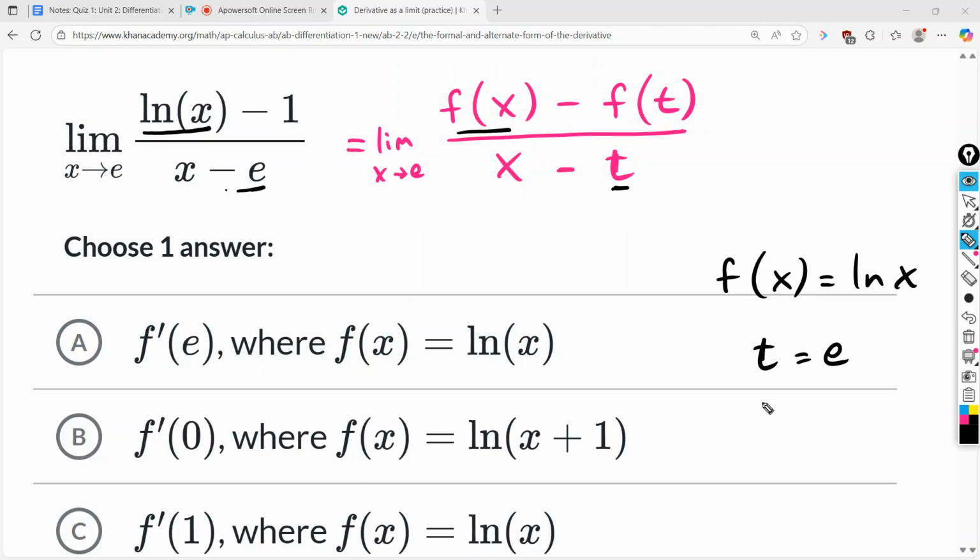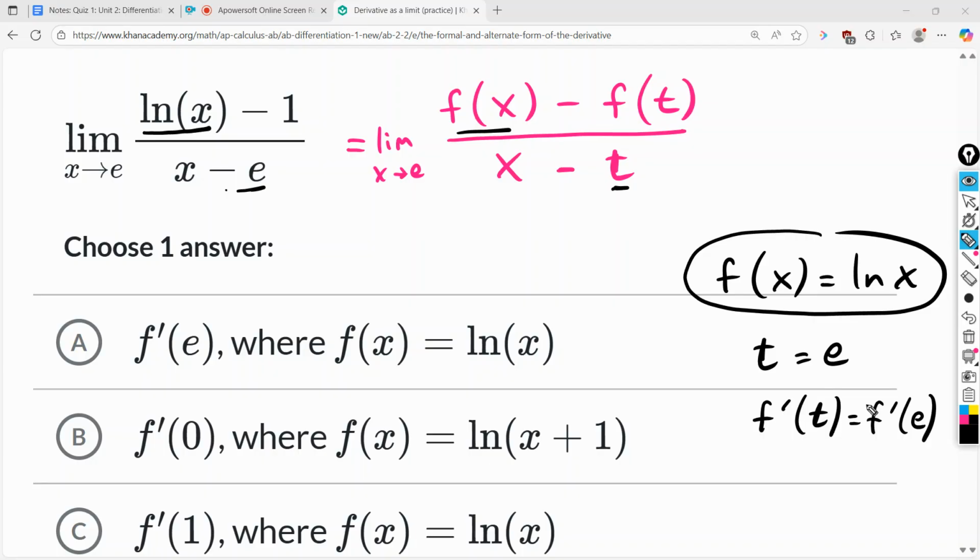All right, so it's basically f prime of t, the number we're plugging in. This is a number. Remember, e is a number, is basically f prime of e. All right, so that's the number that's being plugged in. We said f of x equals ln of x, and f prime of t is f prime of e.